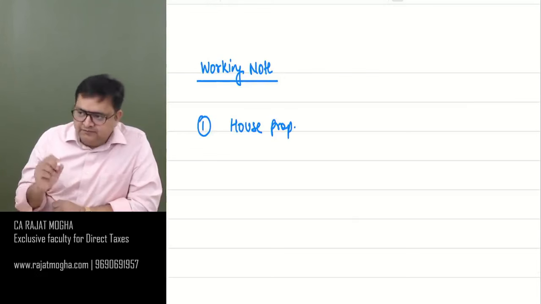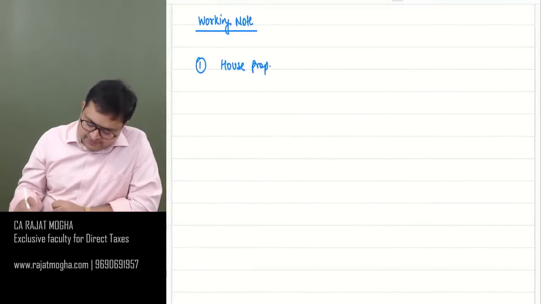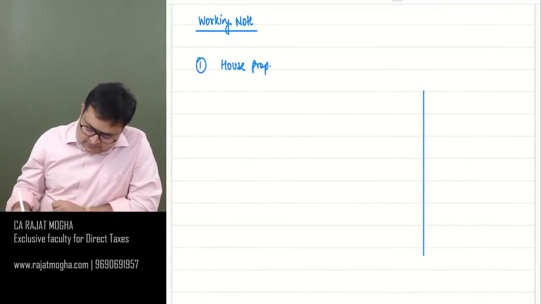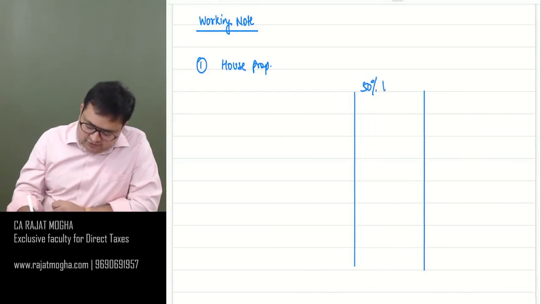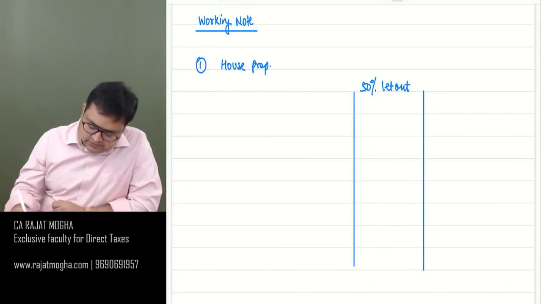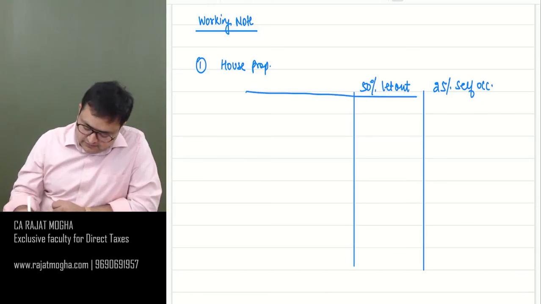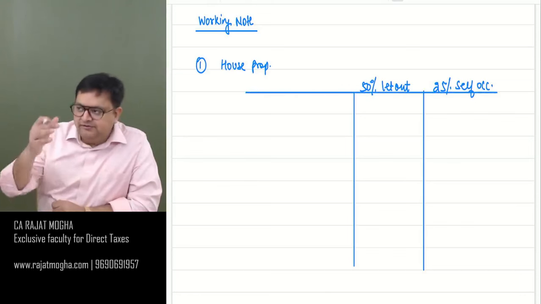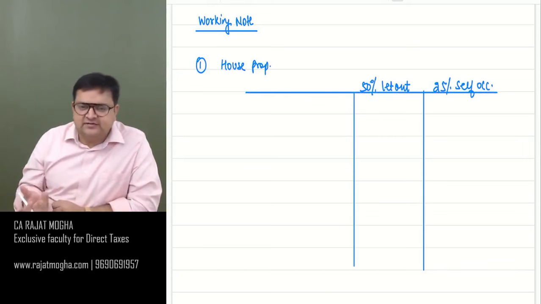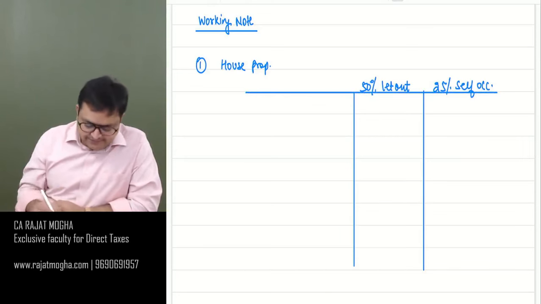House property. We are following optional regime, correct? 50% let out portion, 25% self-occupied portion. And we know that there is a fixed format for house property. It's just a 5-6 lines format. We should know it. We start with GAV minus municipal taxes paid.